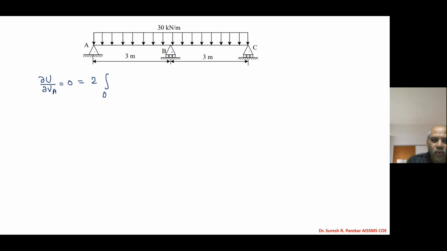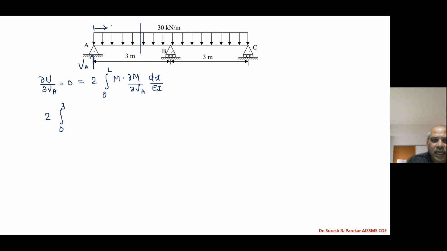That is integration 0 to L, M into dabba M by dabba VA dx upon EI. And now I will put 2 times integration 0 to 3. Now we have this as VA, so we will consider X from here.